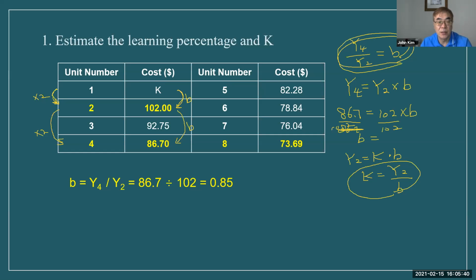So B is 0.85, 85%. Then K equals Y2 divided by B, equals 102 divided by 0.85, equals 120.